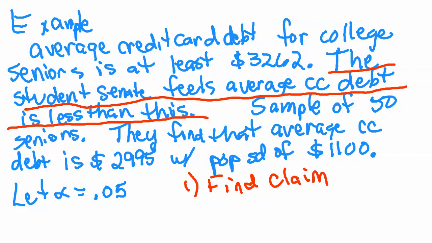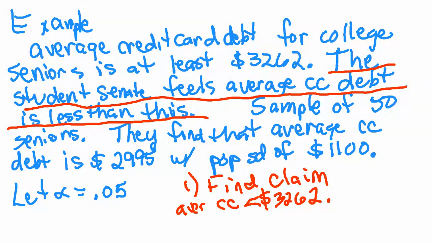That is the claim. Okay, that's what we're going to test. So the average credit card debt is less than 3262. That's what you have to find first. You have to read the whole thing and find the claim.